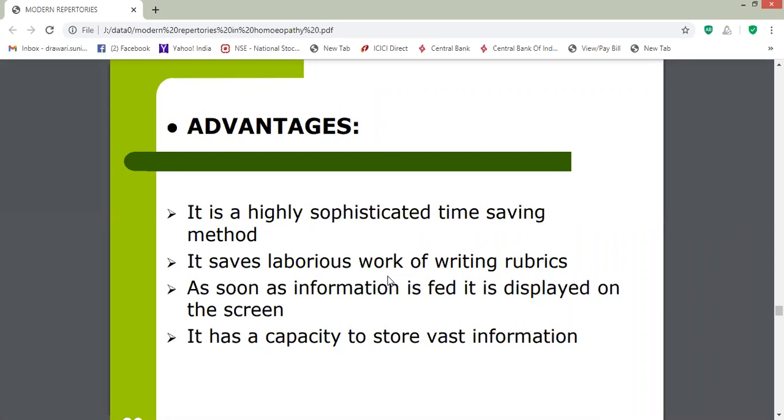So automatically our knowledge gain becomes less when we use these mechanical devices or these computer softwares.